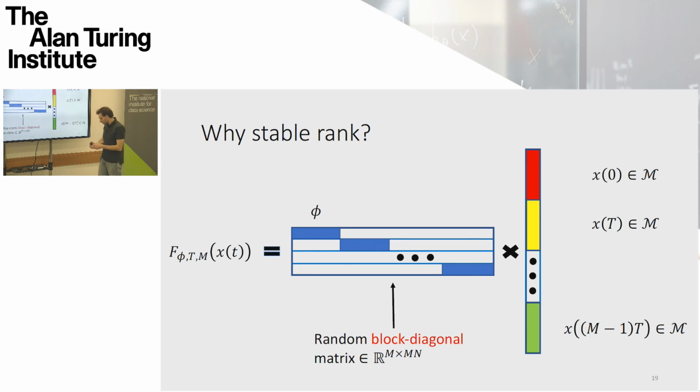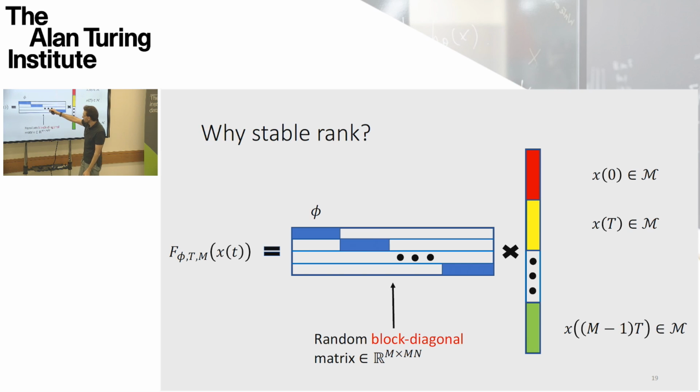Just one quick word about why we actually need this stable rank. Why does it show up instead of just the number of measurements, m, as it was before? It turns out that if we unwrap this measurement operator, it looks like applying a random block diagonal matrix, with non-zero blocks that are copies of the measurement vector phi, to a vector that just contains the states of the system.